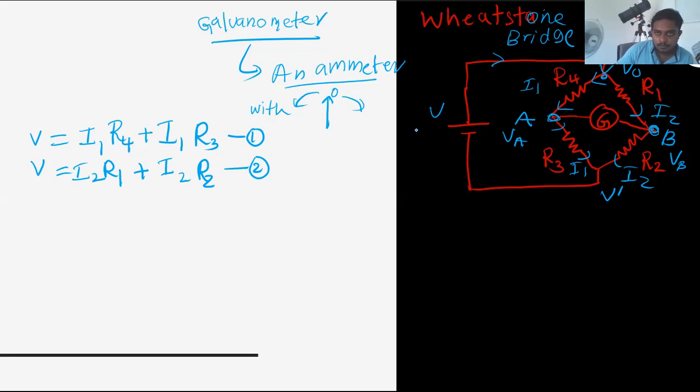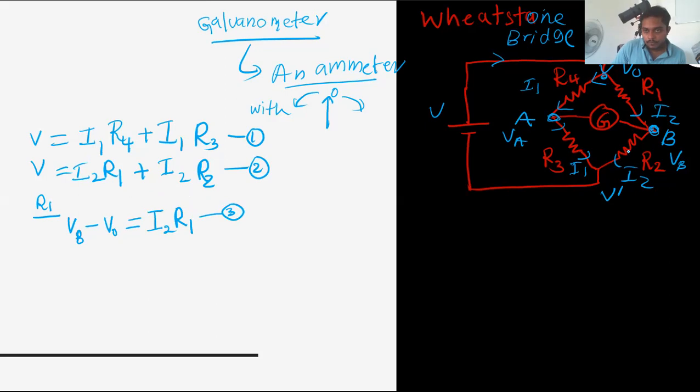So for R1, I am starting with R1. For R1, I am getting VB minus V naught as I2 R1. This is my third one.